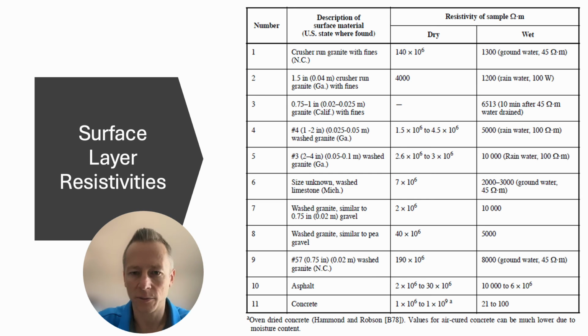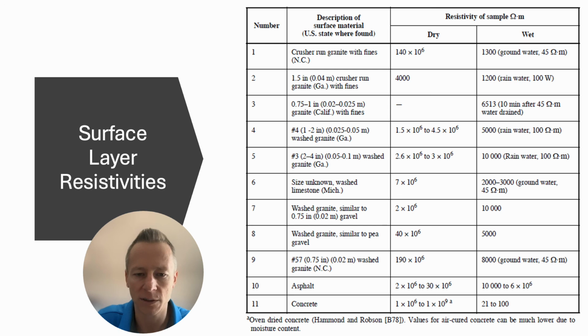All right, so now that you understand kind of how step and touch potentials arise based off of voltage distribution in the soil, one common way to handle it, other than just putting in grounding and grid conductor to equipotentialize the soil, is to put a high resistance rock layer on top of it.